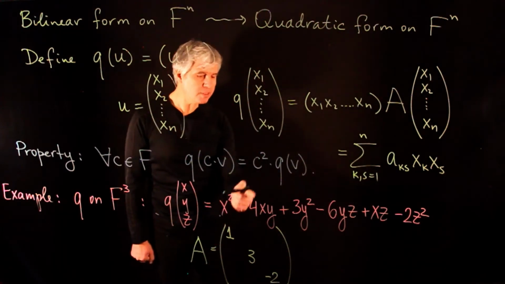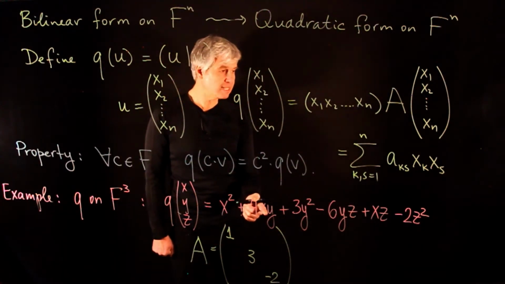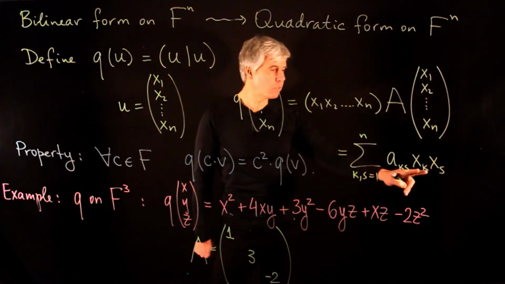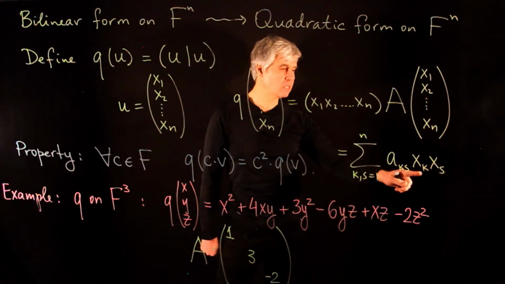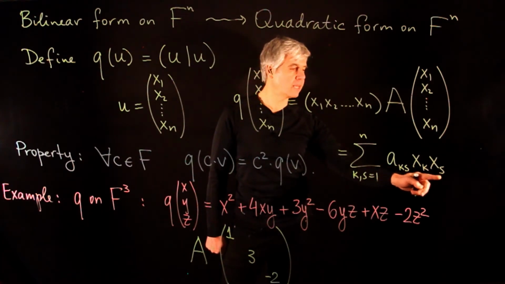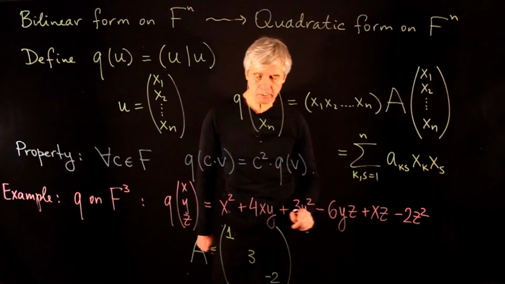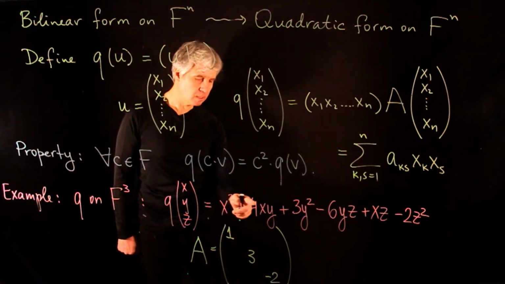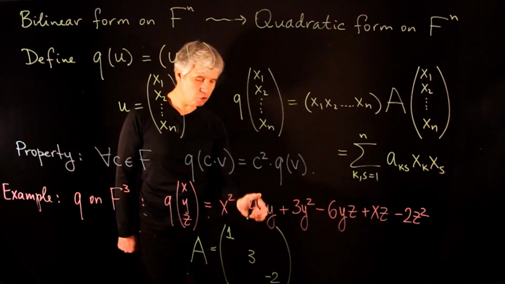For off-diagonal entries, we see that the term x times y will appear in this formula twice, when k is equal to 1 and s is equal to 2, or when k is equal to 2 and s is equal to 1. For this reason, when we put this term into a matrix, we should divide the coefficient by 2.